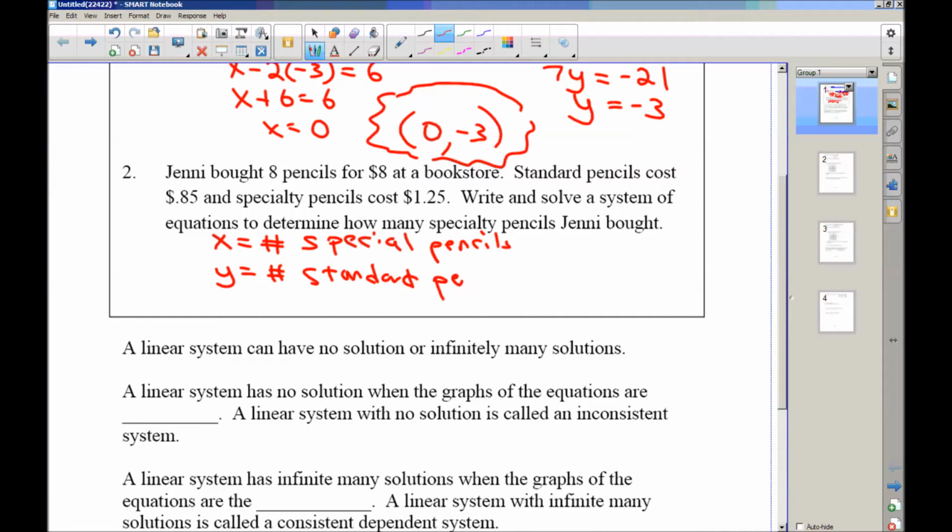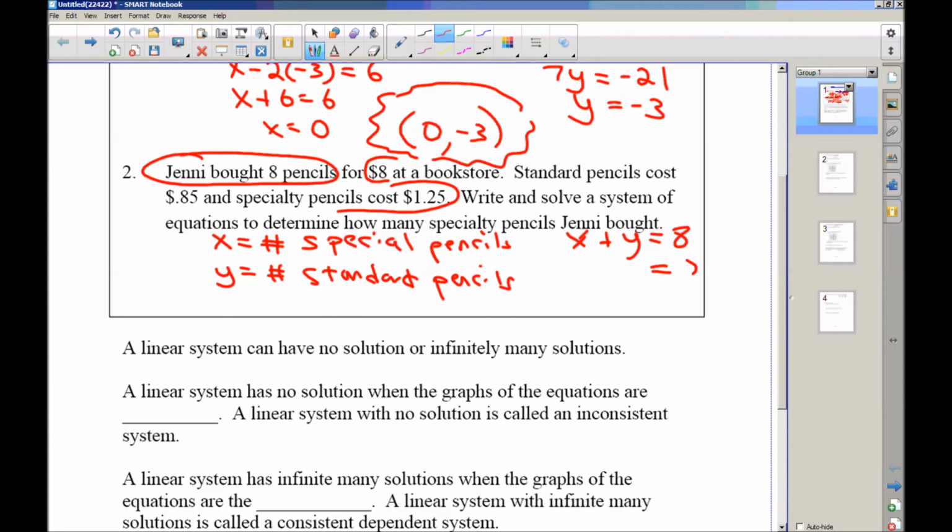Okay, and then we just need to write our 2 equations. The first equation comes from this. She bought 8 pencils for $8, so just 8 pencils. So if we took the number of specialty pencils plus the number of standard pencils, we should have 8. There's 8 total pencils. Now the other equation is split over 2 parts. It's the $8 plus how much each one cost.